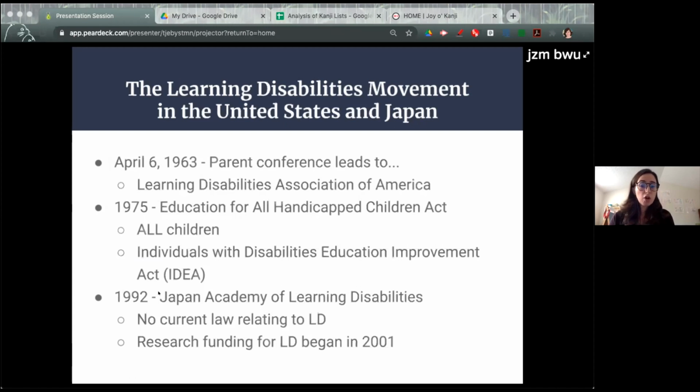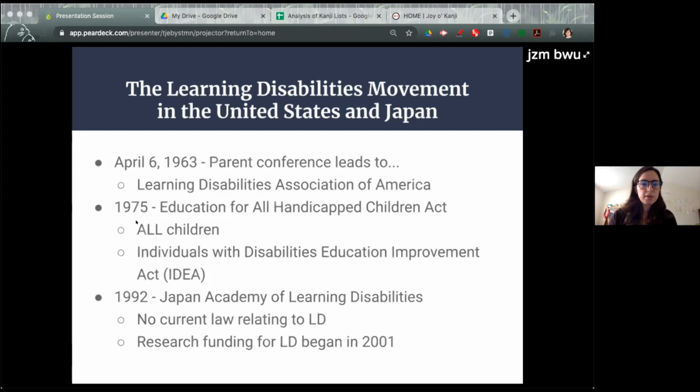That research began 19 years ago, but there's still not a clearly established law saying that students in Japan have a right to an unrestricted education. There are laws related to international civil rights and human rights law that get applied in Japan, but there's not a domestic law there.